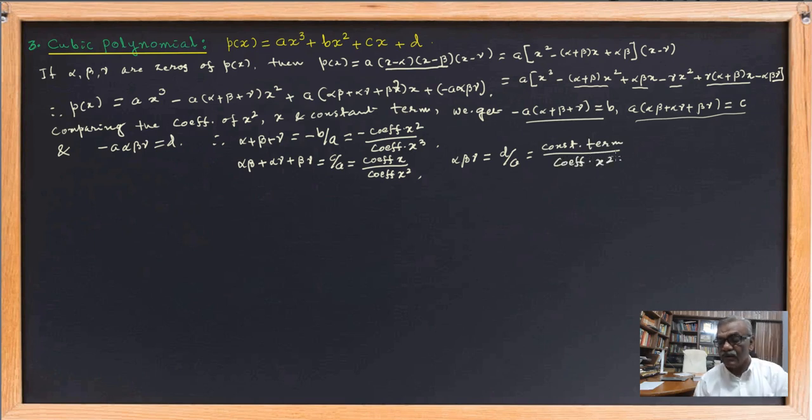In this fashion we can establish a relation between the coefficients of a polynomial p(x) is equal to ax cube plus bx square plus cx plus d.